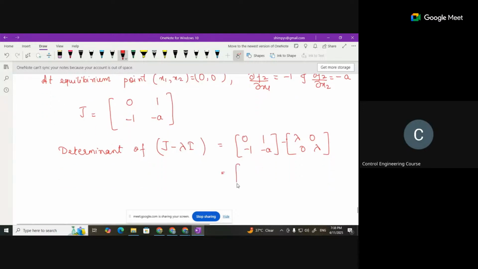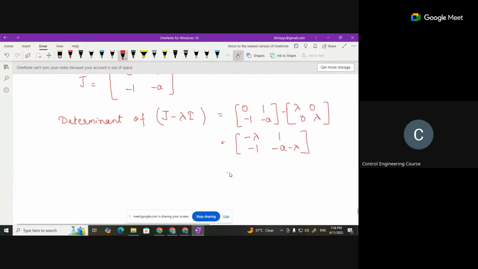So it comes out to be minus lambda, 1, -1, -a minus lambda. Find its determinant. That will be lambda square plus a lambda plus 1. Correct? And the characteristic polynomial is lambda square plus a lambda plus 1 is equal to 0.